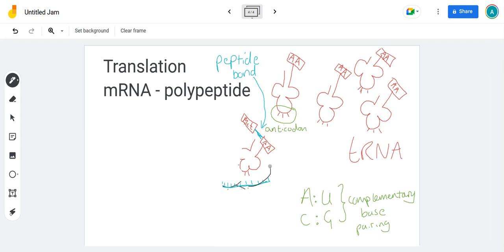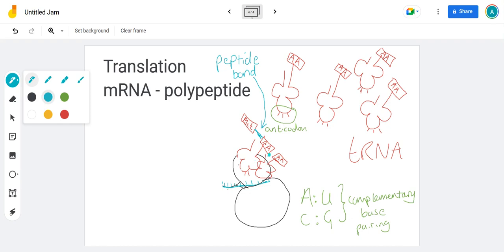So let's just put it just here for now. And another tRNA comes along. So the next tRNA is going to bind just here with the next amino acid. A peptide bond will form in between the two amino acids. And then the next tRNA will leave the ribosome, and it will leave behind its amino acid.